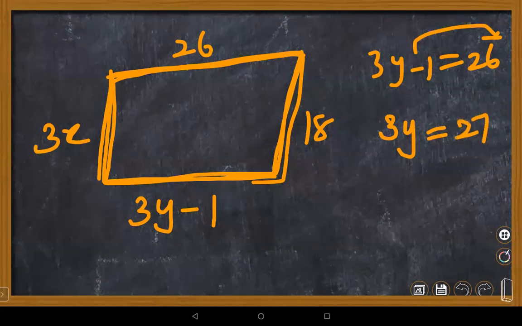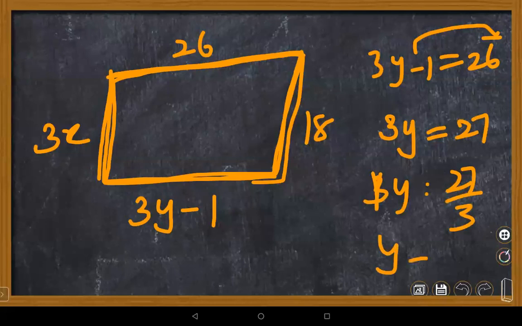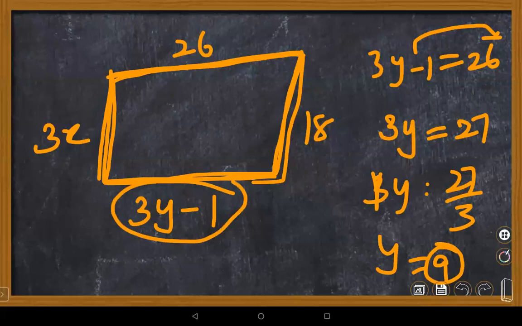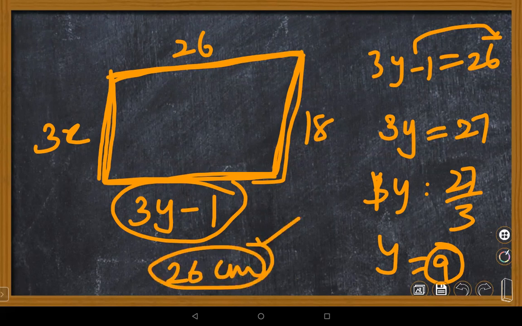So y equal to 27 by 3, equal to 9. Y equal to 9. So this side becomes how much will you tell? 3y into 9, 9 3s are 27. 27 minus 1 is 26 centimeters. Very good.